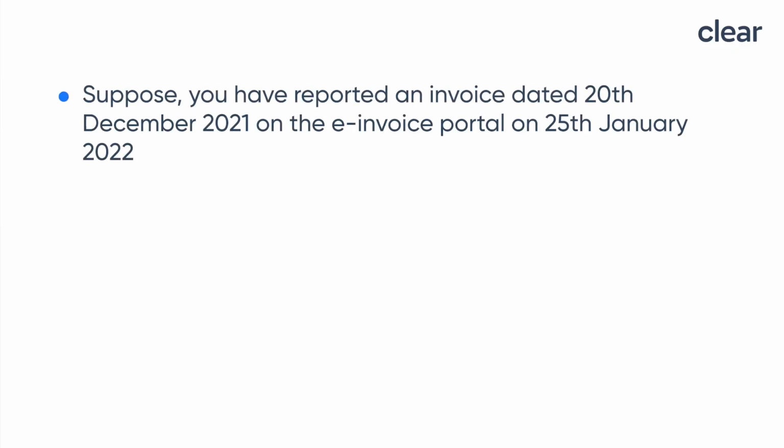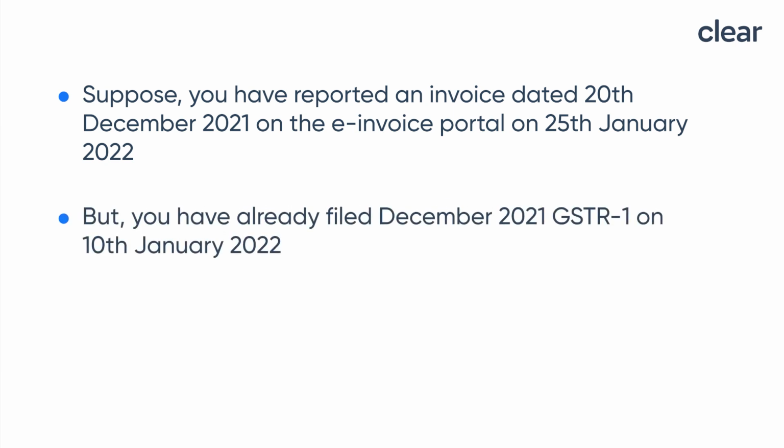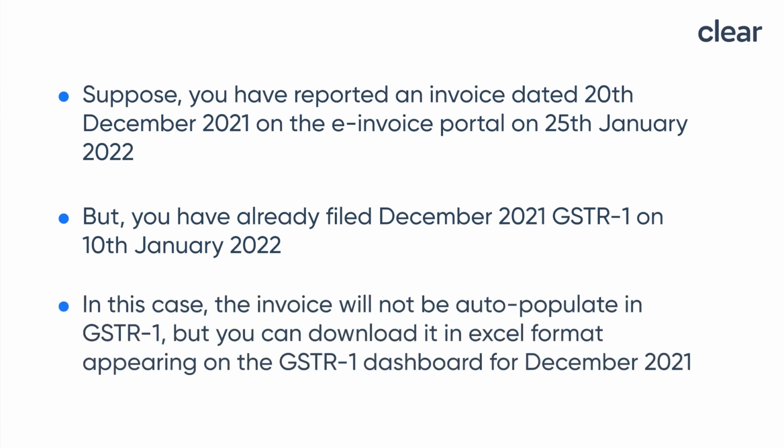Suppose you have reported an invoice dated 20th December 2021 on the e-invoice portal on 25th January 2022. But you have already filed December 2021 GSTR-1 returns on 10 January 2022. In this case, the invoice will not be auto-populated into GSTR-1, but you can download it in Excel format appearing on the GSTR-1 dashboard for December 2021.